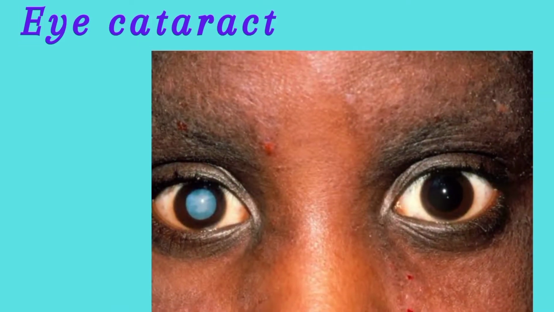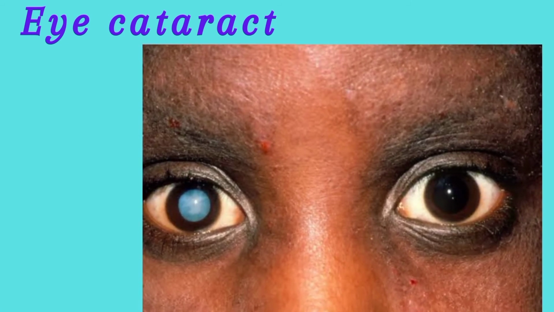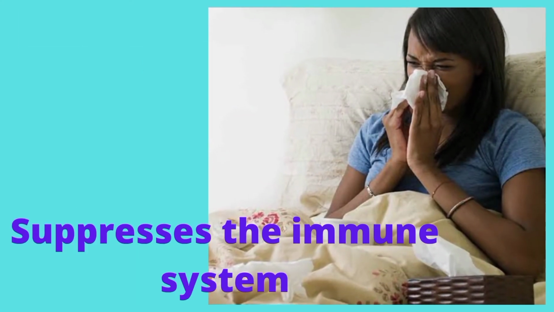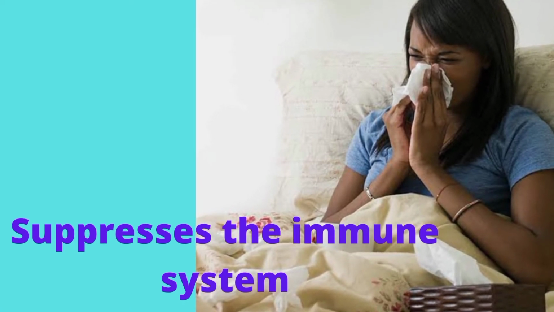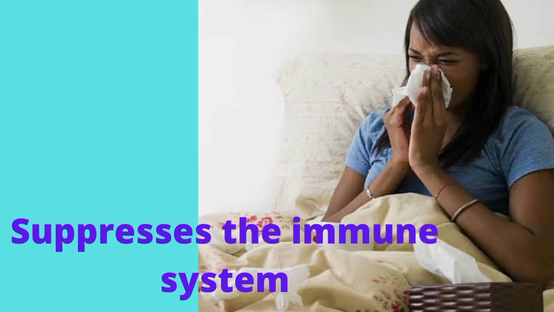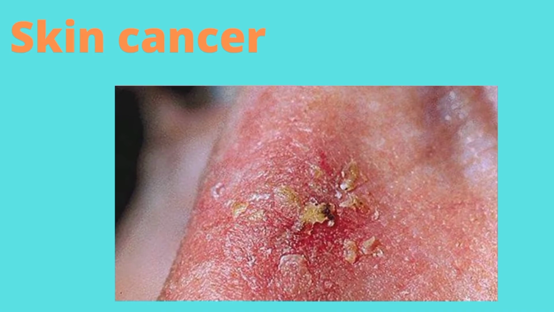Some of the consequences of depletion of the ozone layer is that it can lead to eye cataracts, like the one we have on the screen. Apart from that, it can cause suppression of the immune system, whereby the system gives room for microorganisms to invade into the body. It can lead to skin cancer, just as you have it on the screen.